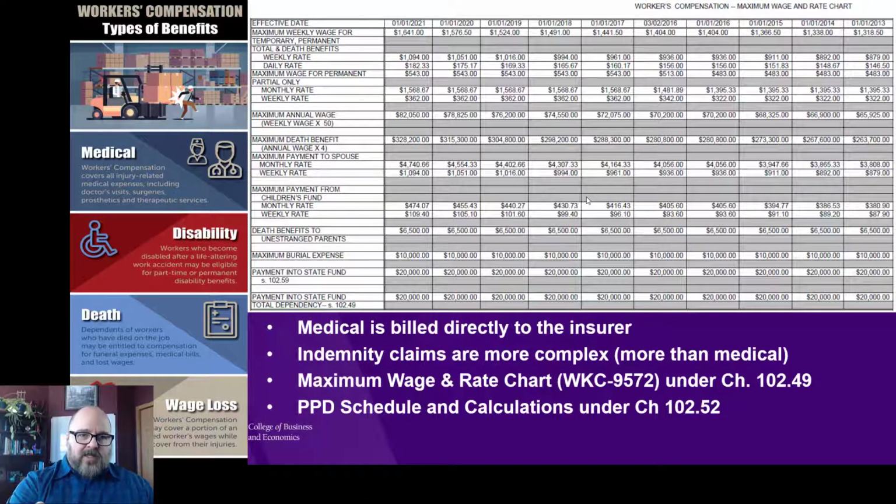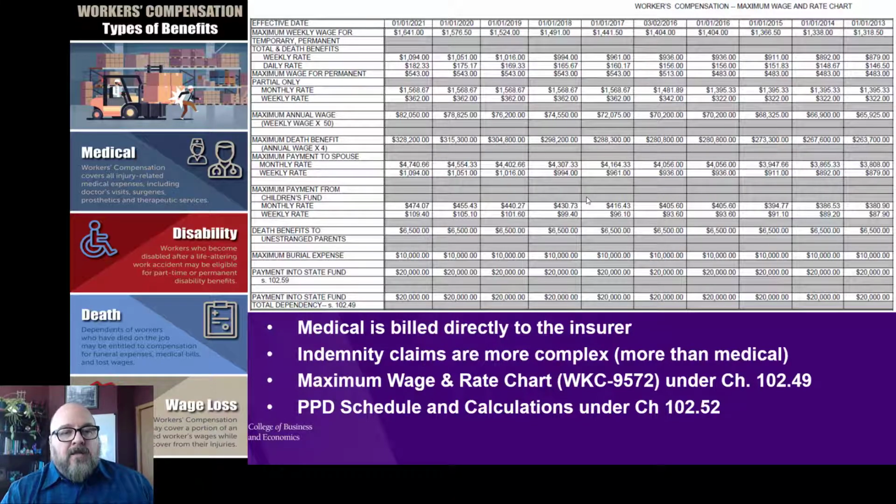They've got the weekly rate here, the daily rate, the maximum wage for permanent. So depending on where you are in your career, you may get the full amount or you may get a lesser amount. So the maximum annual wage, $82,000.